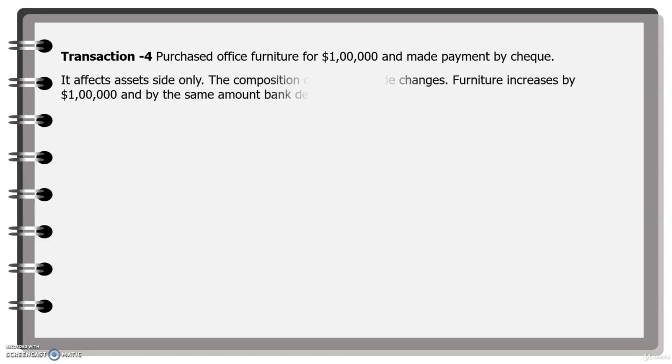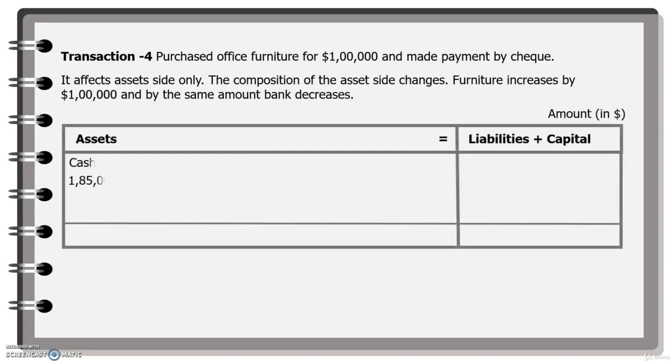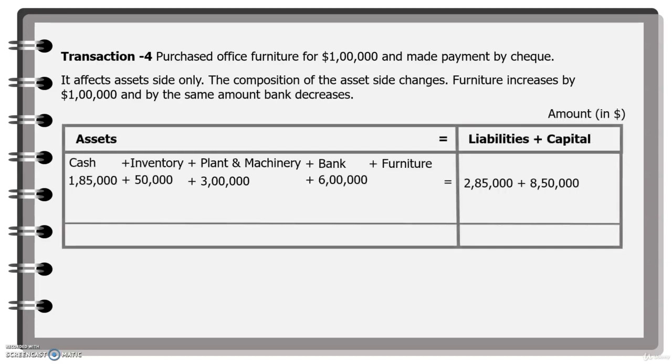Moving on to transaction 4: purchased office furniture for $100,000 and payment made by check. Again this transaction is going to have an effect only on the asset side. Furniture balance will increase and bank balance will decrease. Only the composition of assets is undergoing a change. Let's write the previous equation.